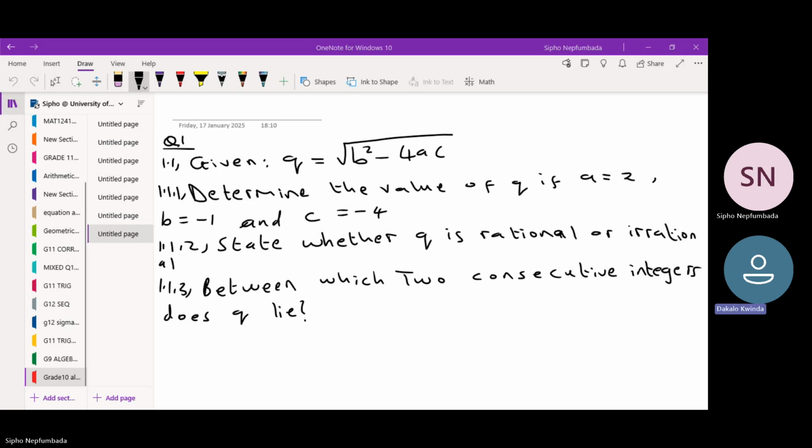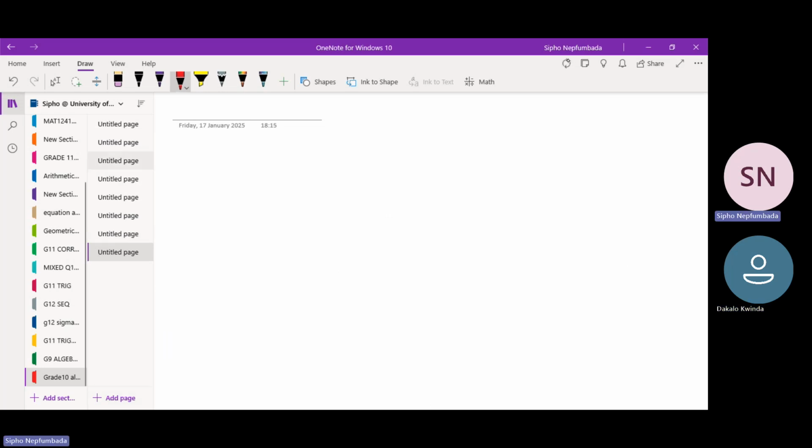1.1.1. Let's see the solution. I know you have got the questions. You said Q is equal to the square root of B squared minus 4AC, where Q is nothing but equal to the square root of minus 1 to the power 2 minus 4.